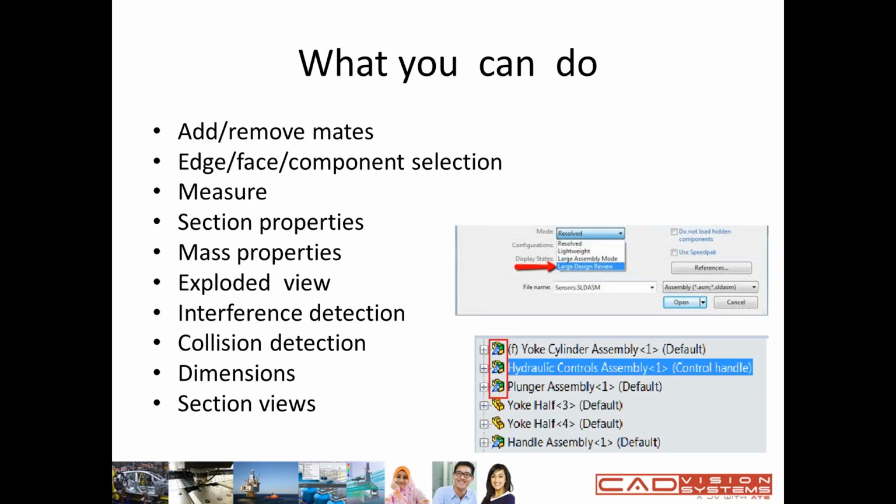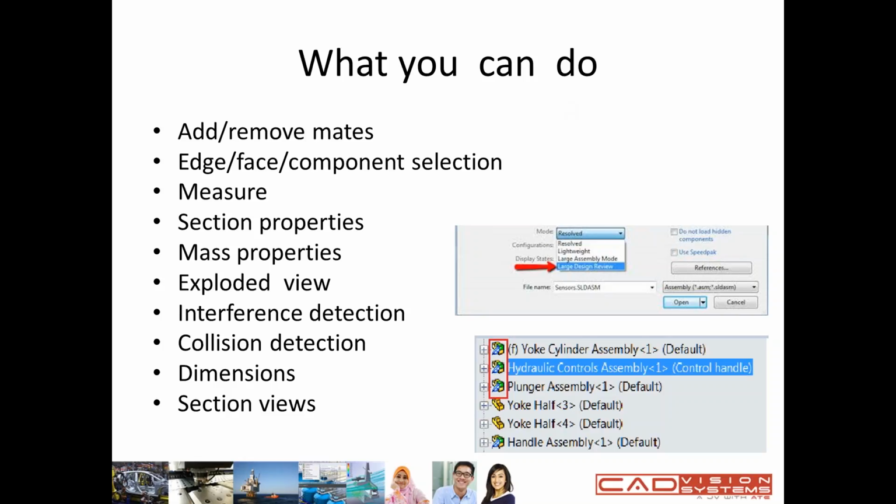You can open the assembly in lightweight, or you can also set components one by one into lightweight. When a component is in lightweight mode, you will see a blue feather icon, as in the picture at the bottom right, which means the component is lightweight.